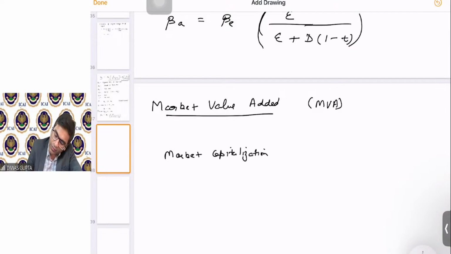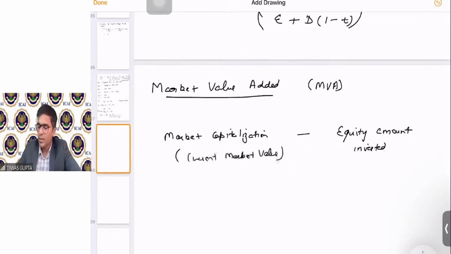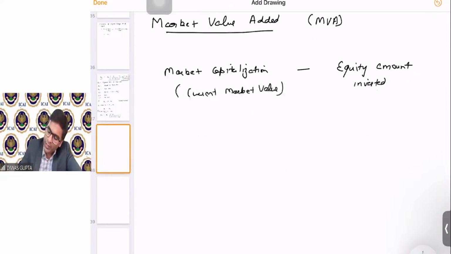Market capitalization, which is also called current market value, correct? Minus the equity amount invested. So whatever is the equity amount invested, this again will include share capital plus reserves and surplus, students.